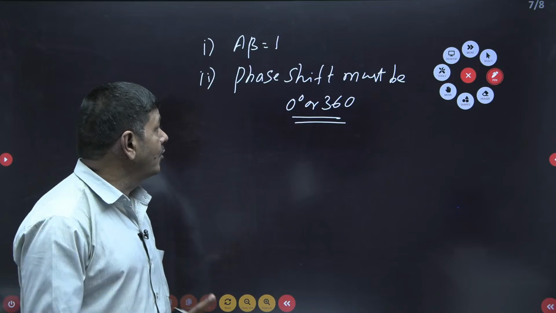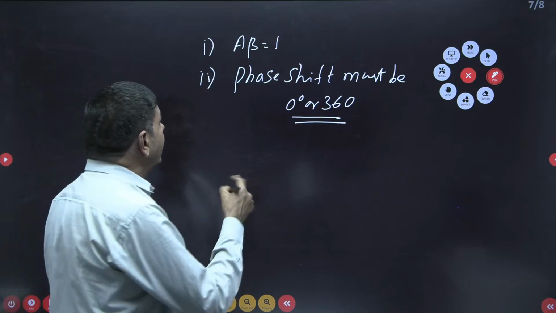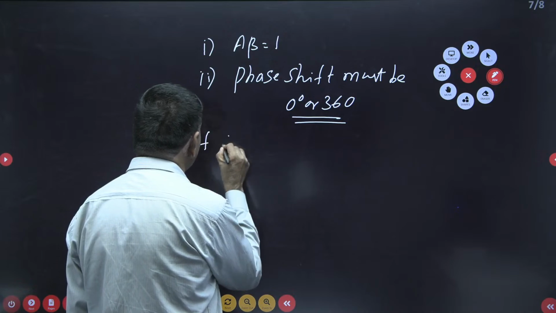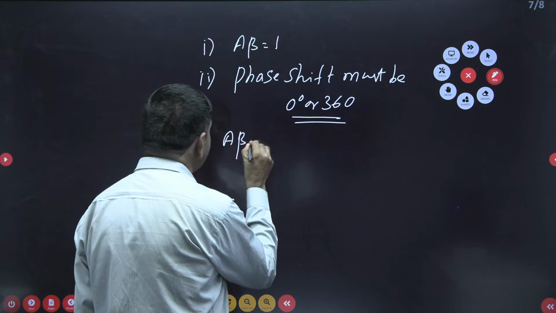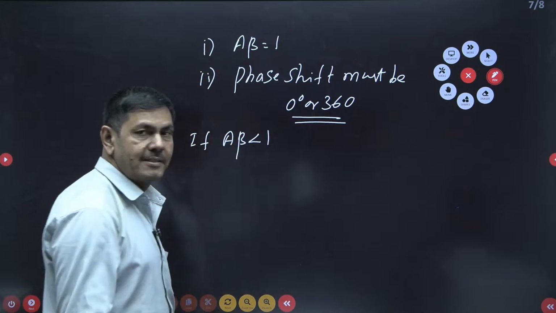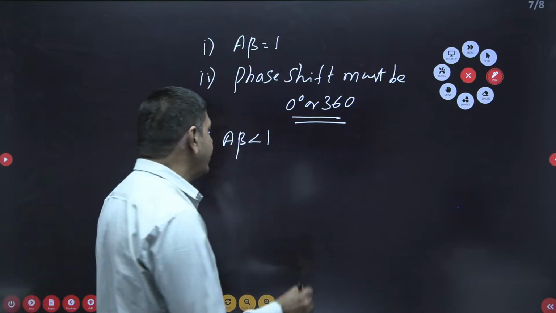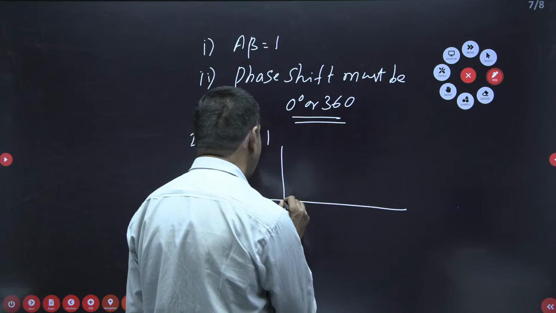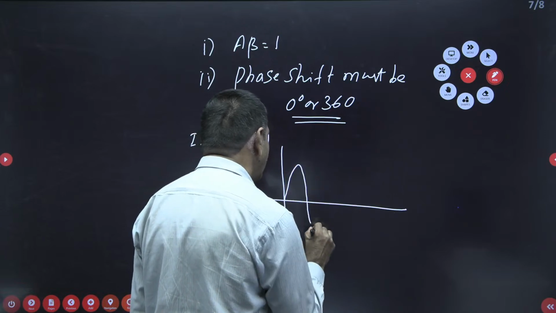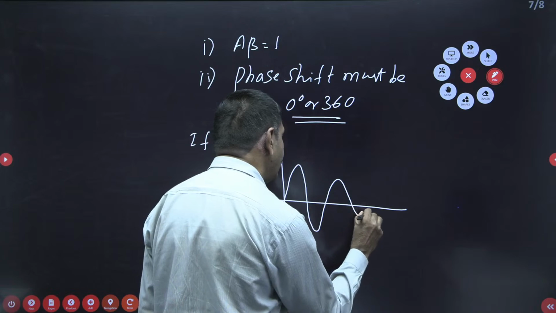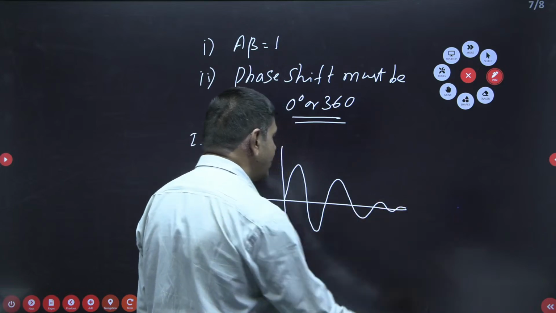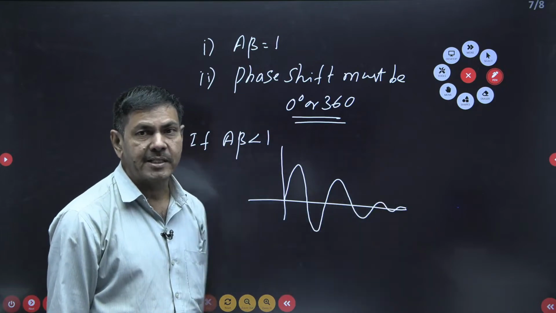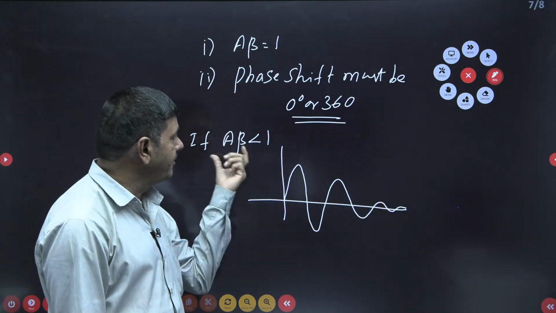And also one more point you have to remember here. A beta equal to 1 you have taken, sir. In designing the oscillator, if A beta is less than 1, how are the oscillations generated? Oscillations are generated, but slowly they are going down like this. The waveform amplitude is slowly reducing if you maintain A beta less than 1.